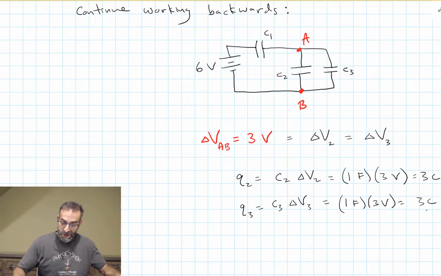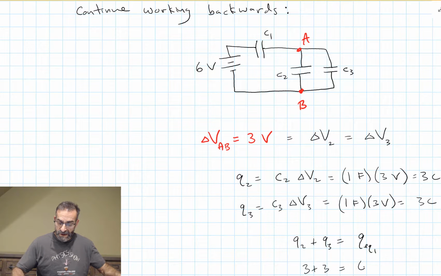And if we add those up, that should equal the total charge stored on the equivalent capacitance of these two. So Q2 plus Q3 should equal Q equivalent 1. 3 plus 3 is equal to 6. So that checks out.